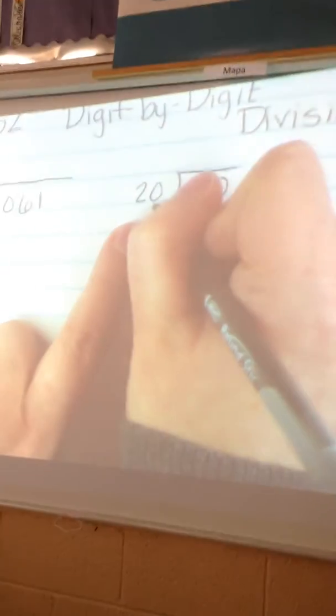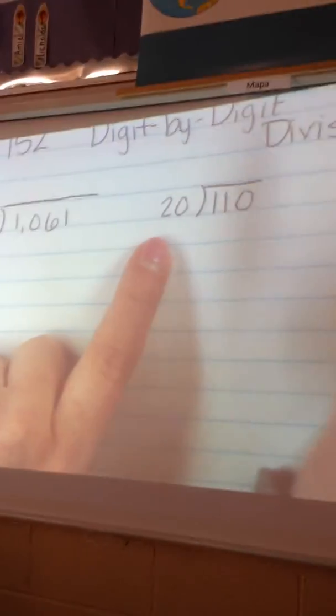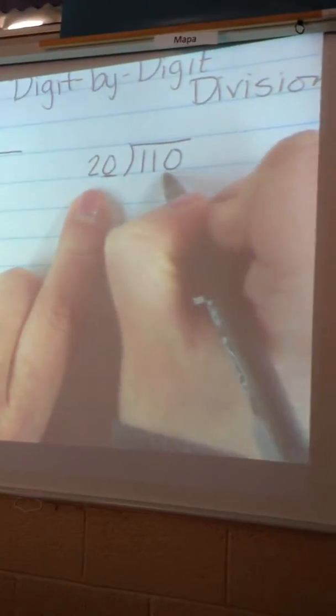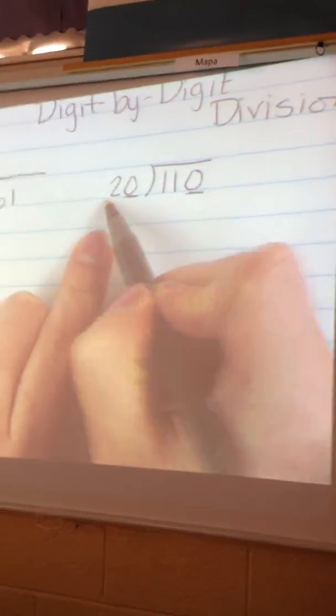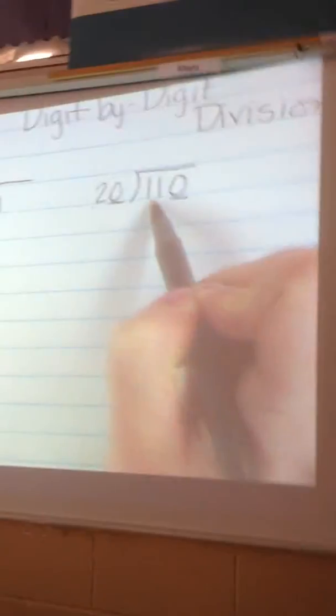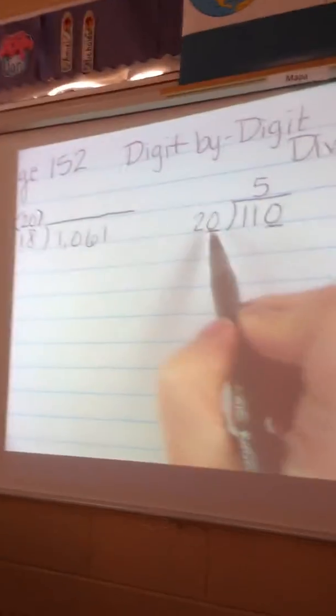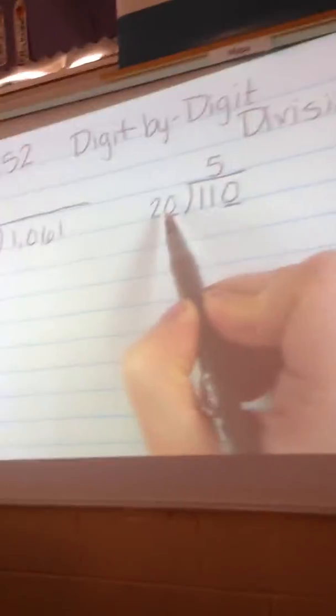Now that I have 2 zeros, I can take those off for a minute and think, how many times can 2 go into 11? 2 can go into 11 5 times. Since there's a 0 here and a 0 here, I don't have to worry about either of those. So that means that 20 goes into 110 about 5 times.